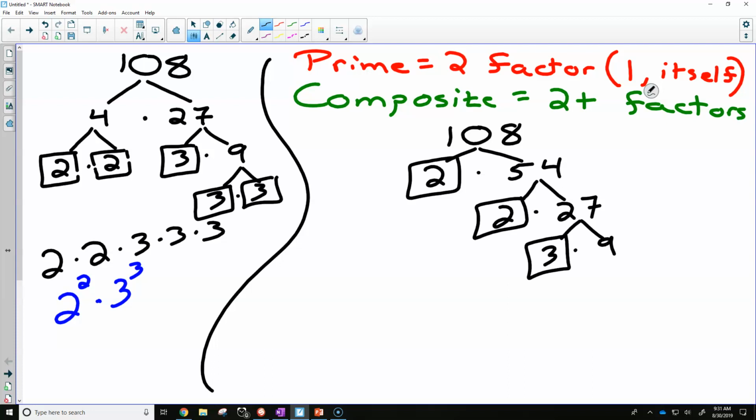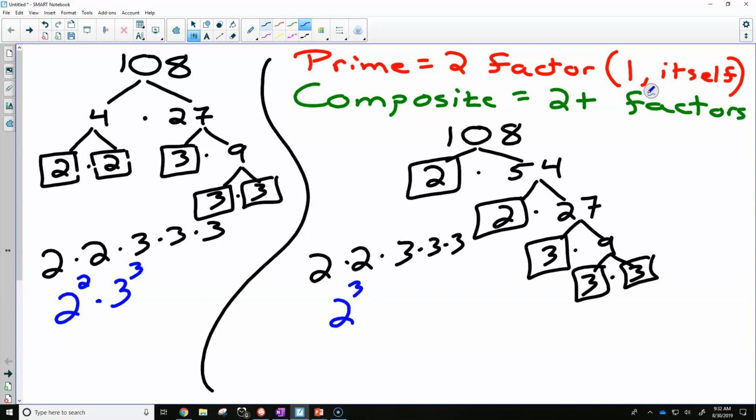And you break 9 into 3 times 3. Okay, so you had 2 times 2 times 3 times 3 times 3. Huh, she proved me wrong.